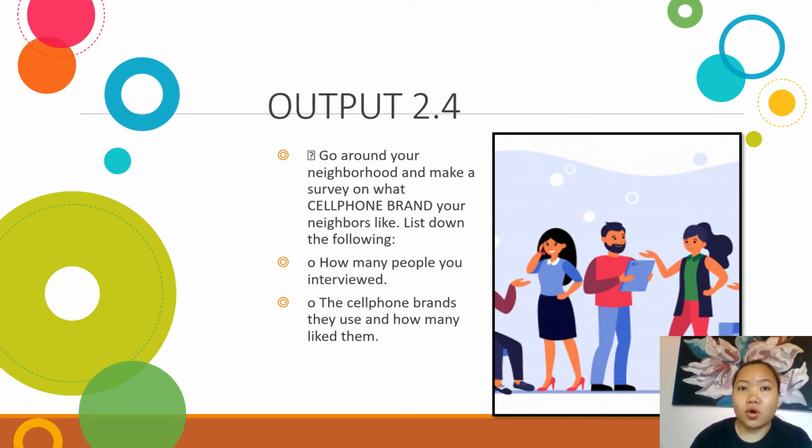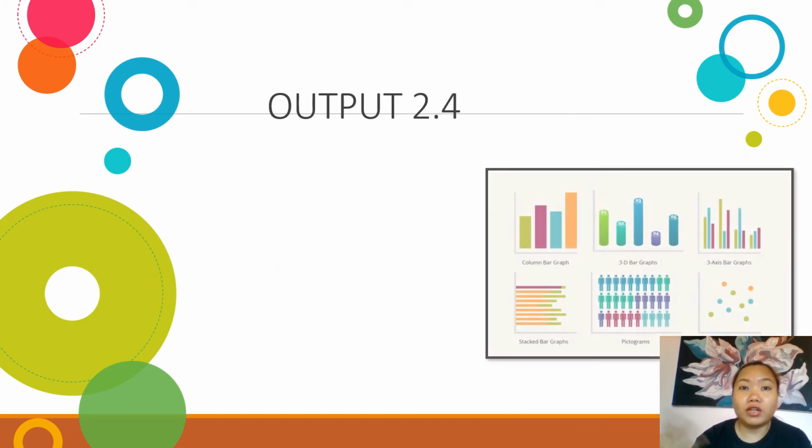Once you have all the information, you come back as a group and tally the data you got from your neighbors. The leader, of course, has to take the lead and sum it up. Add up how many like Oppo, how many like Samsung, how many like Cherry Mobile, and so on. Add them up, and then you will make a graph.